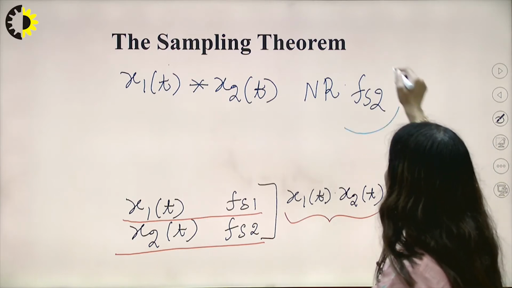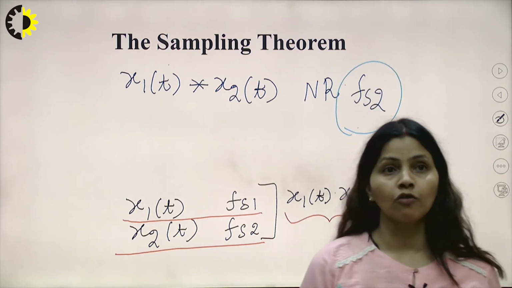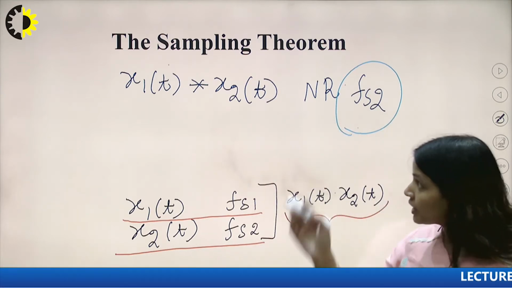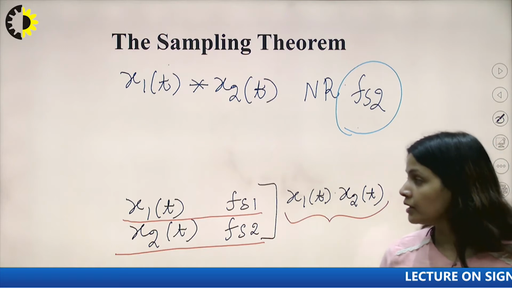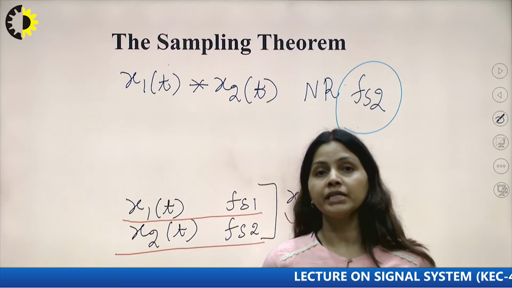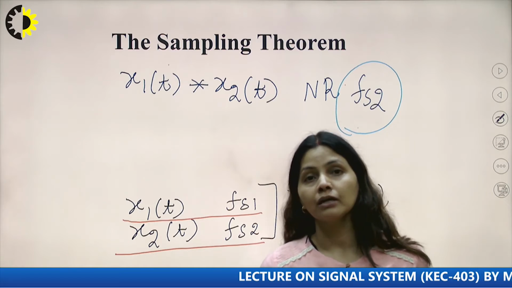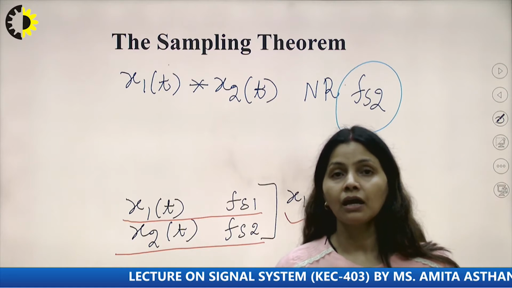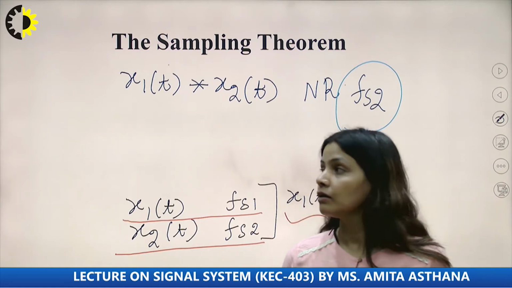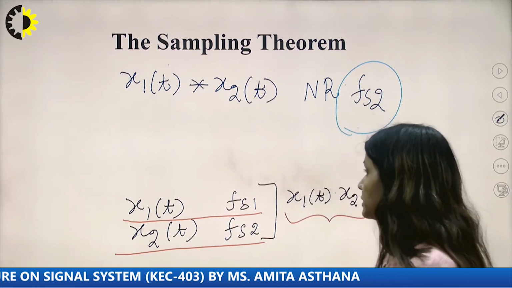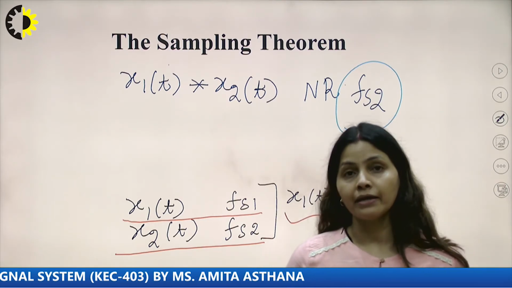The minimum we will take in the case of convolution: if the signals are getting convolved with each other, then we take the frequency which is less. So these are the Nyquist rate properties. Here we have studied the sampling theorem as well as the properties related to the Nyquist rate.